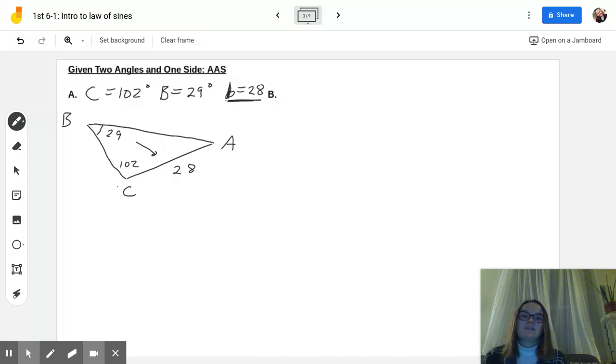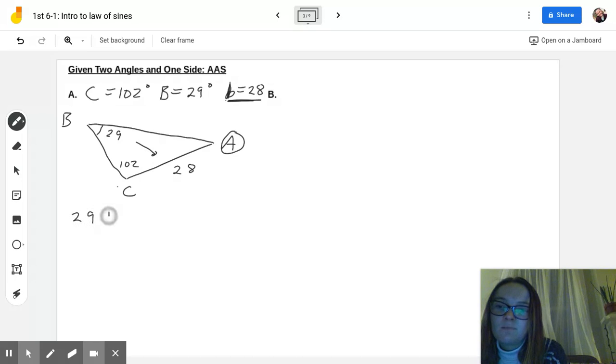Well, the easiest thing I could do first is solve for angle A. Angle A is going to be really easy to solve for because I know that angle B, so 29, plus 102, plus A, they all have to add up to 180 degrees. That's just how it has to be.